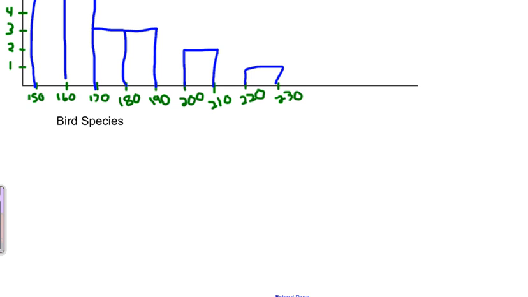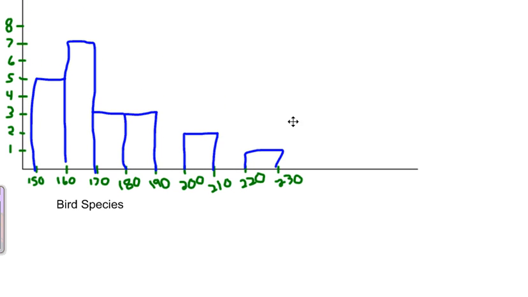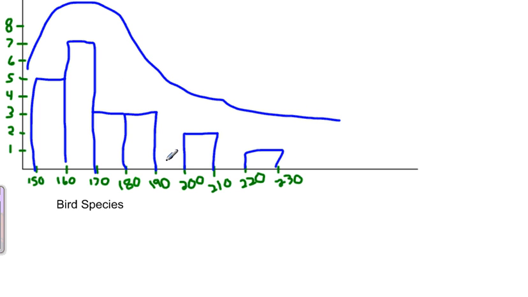If I look at the shape of this, I would say that it's unimodal because it has one clear highest value from 160 to 170. So it's unimodal and skewed to the right. If I were to draw a gentle curve over this, it tails off on the right side. Wherever we have our tail, that's where the skew is.